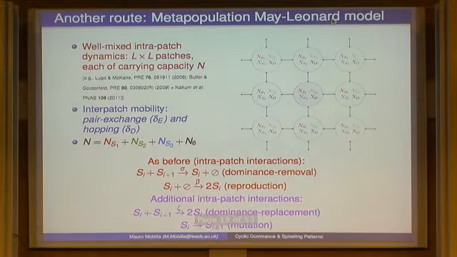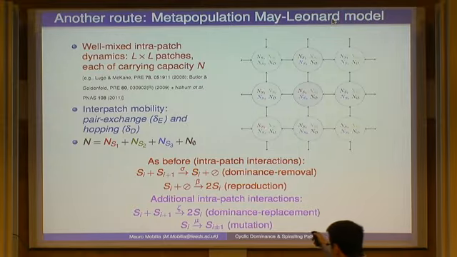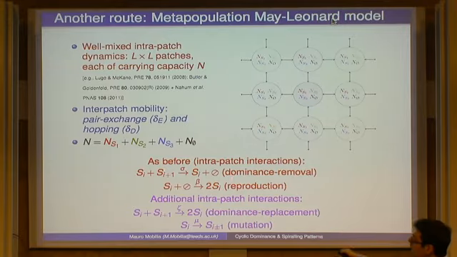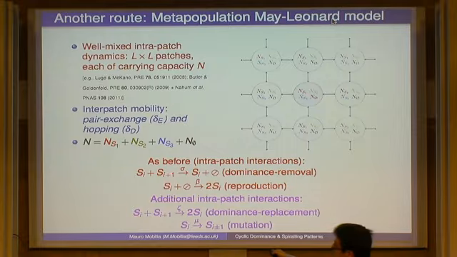Right, so in each of these patches, to answer Steve's question, there are the following reactions that take place. Each patch is well mixed, so it's a flask, right? And in each flask, there is cyclic competition in the form that we just discussed before, right?